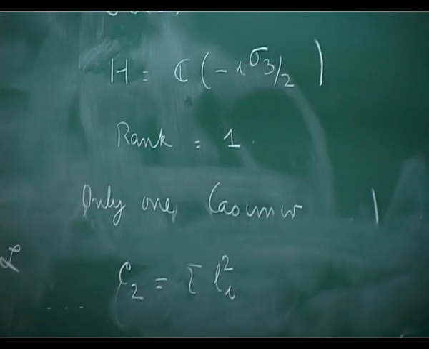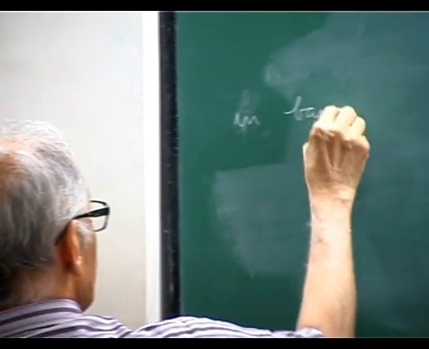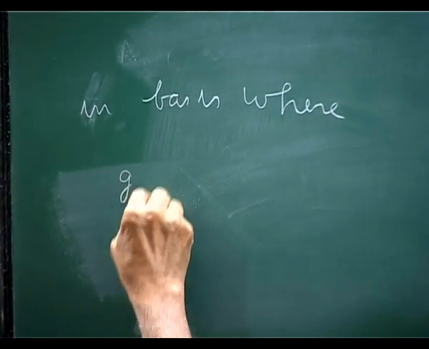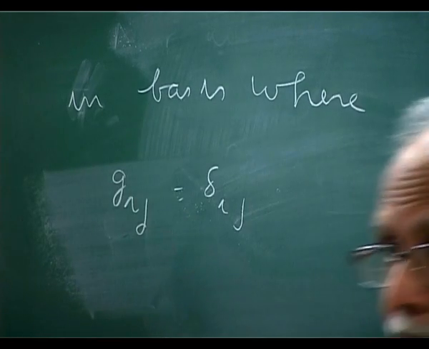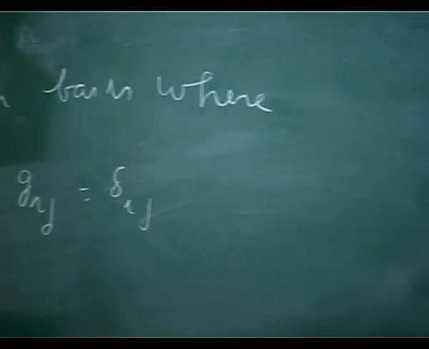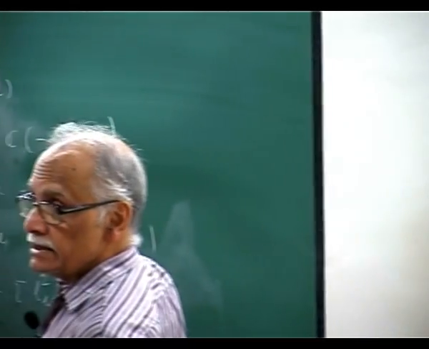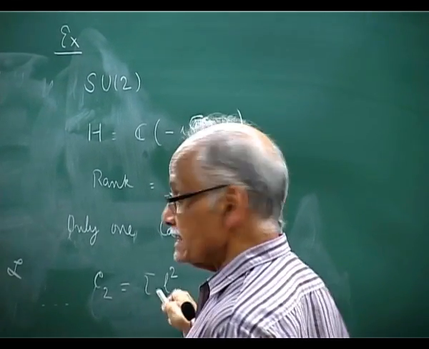In a basis where g_ij is delta_ij, the Casimir is, for example, the square of the sigmas, sigma over 2, so you will get 3/4 and so forth. So this is L(L+1).